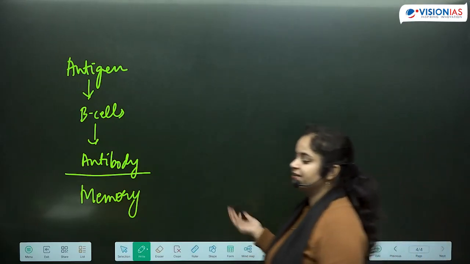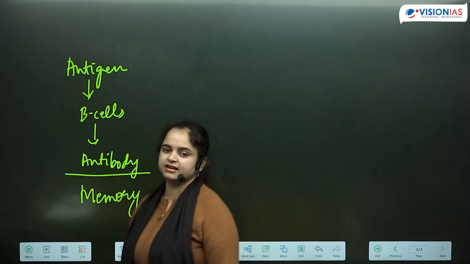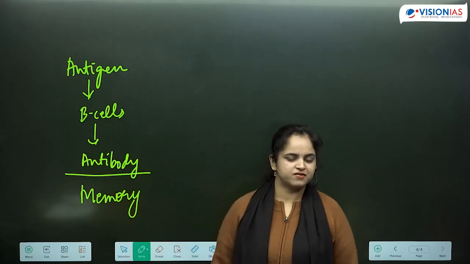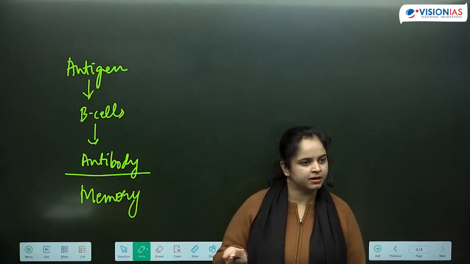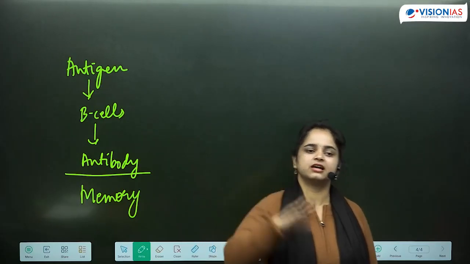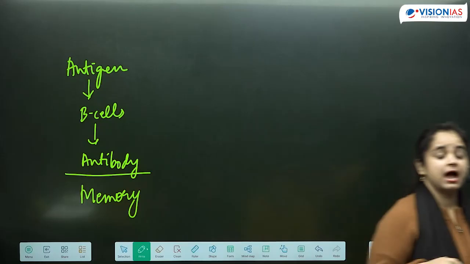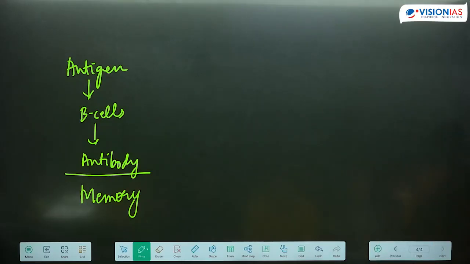We studied different ways in which we can deliver this antigen. We studied giving a live and weakened organism, and giving a killed organism. And we also considered that we can just give some subunits.